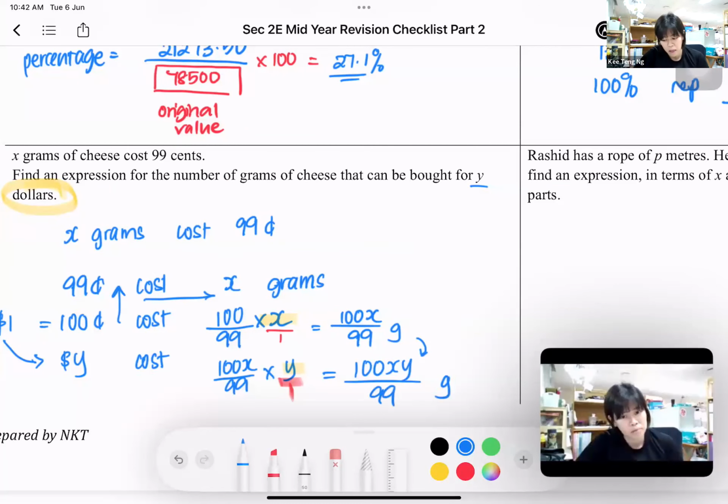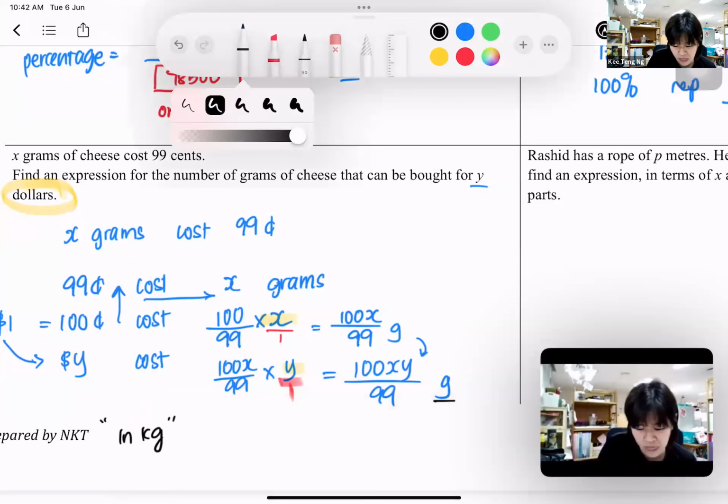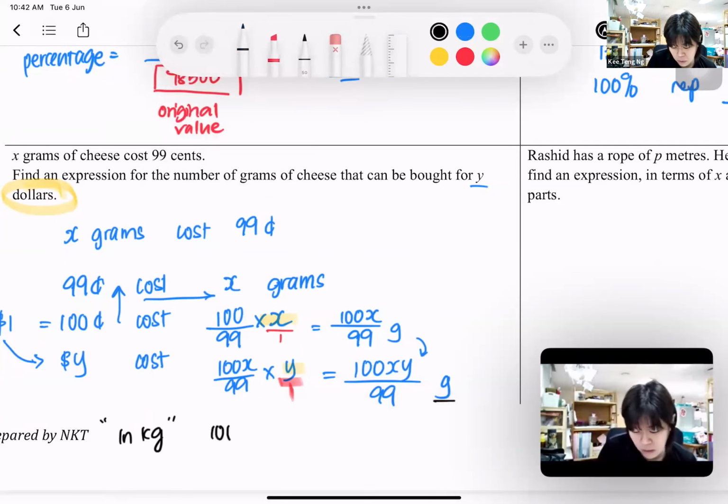I'm asking an additional question. What happens if they don't want grams? They say in kg. Then what am I going to do if they want it in kg? Now take this whole thing. How to change grams to kg? Divide by 1000.